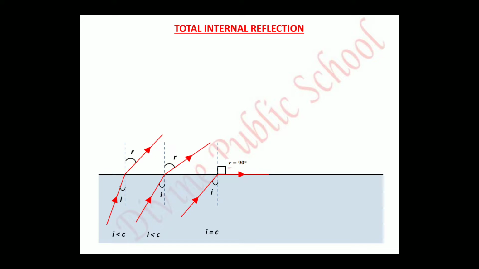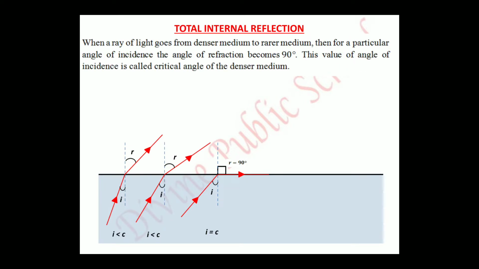If the ray makes less than the critical angle, then what happens? It will be refracted in the other medium. So let us define the critical angle first of all. When a ray of light goes from denser medium to rarer medium, then for a particular value of angle of incidence, the angle of refraction becomes 90 degrees. This value of angle of incidence is called the critical angle of the denser medium.